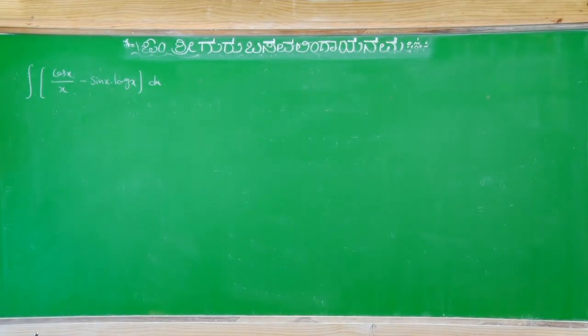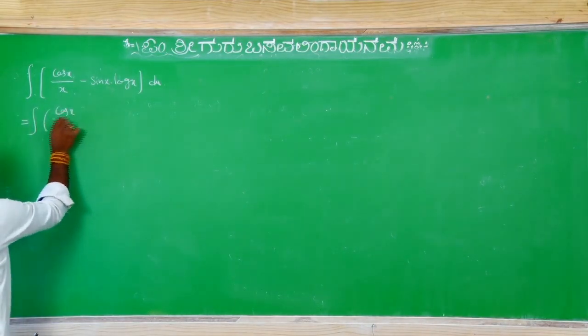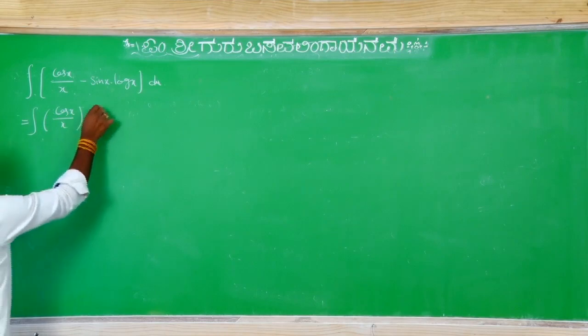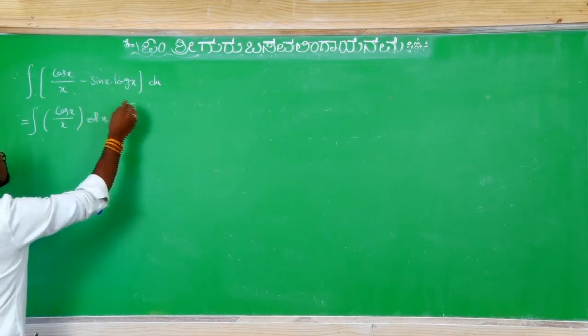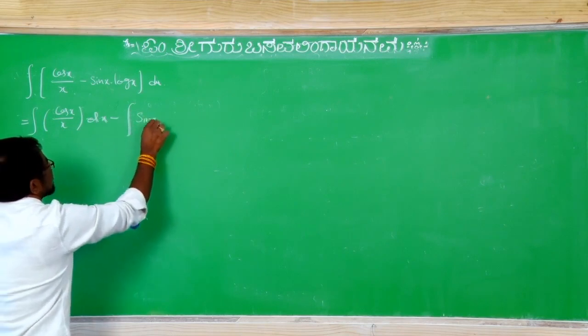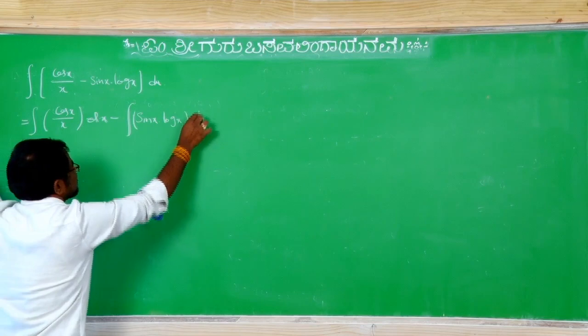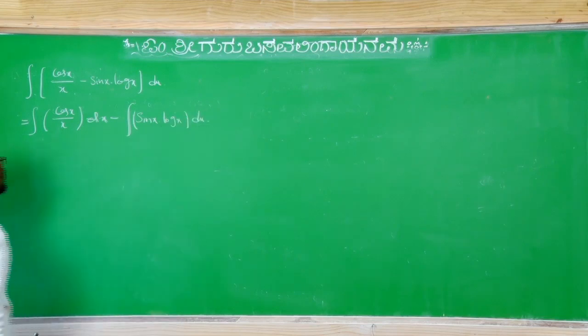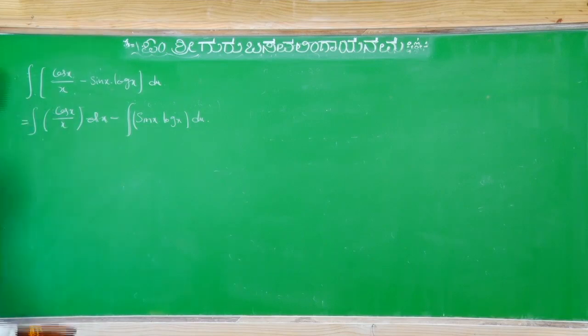First, to split the terms, take the integration separately. Integration of cos x by x dx minus integration of sin x into log x dx. So this one as it is you write down, for this one you apply the by parts.